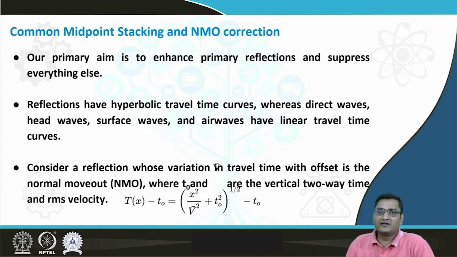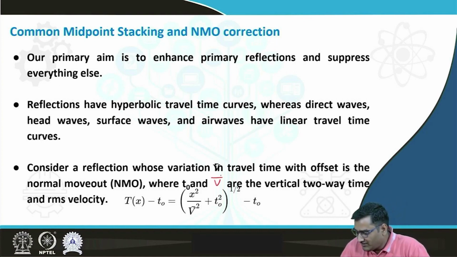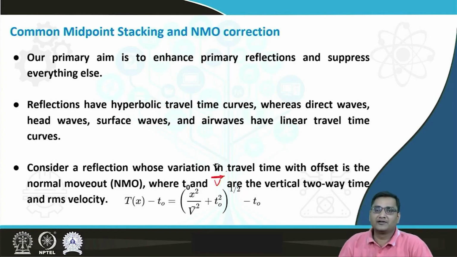Consider a reflection whose variation in travel time with offset is the normal move out, where T naught and V bar, that is the average velocity or the root mean square velocity, are the vertical two-way travel time and the RMS velocity.